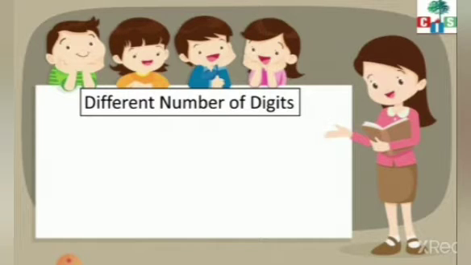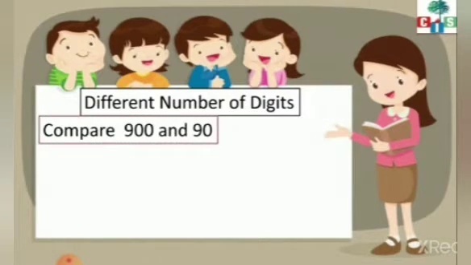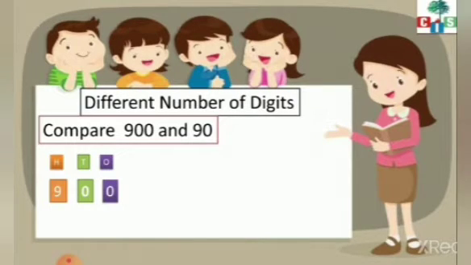Different number of digits. If we compare 900 and 90, you have to compare these two numbers. So let's start. Hundreds, tens, ones. Your first number is 900. So 9 in hundreds place, 0 in tens place, and one more 0 is there, so it is in ones place. Now our next number is 90. Hundreds, tens, ones.